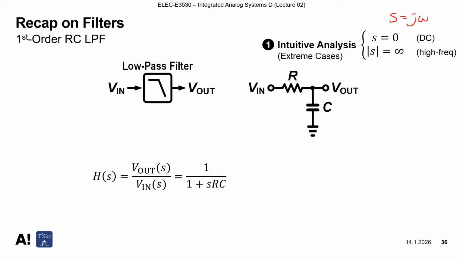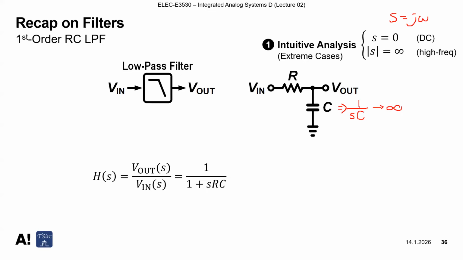When we take S equal to 0, we are looking at DC only. In that case, the capacitor's impedance is 1 over SC, which goes to infinity.